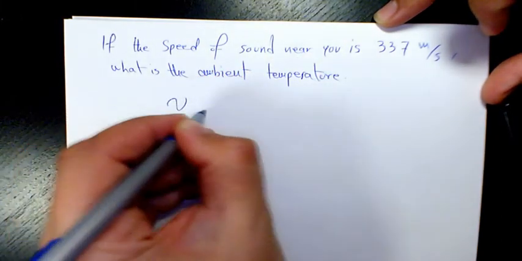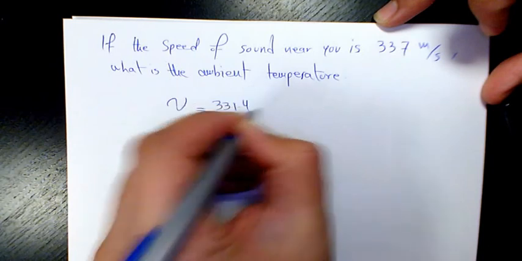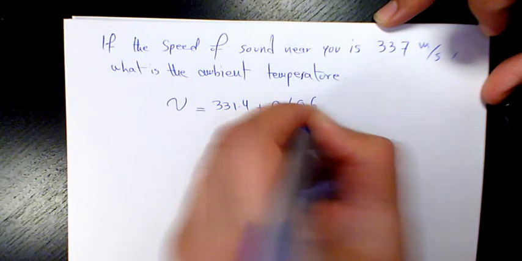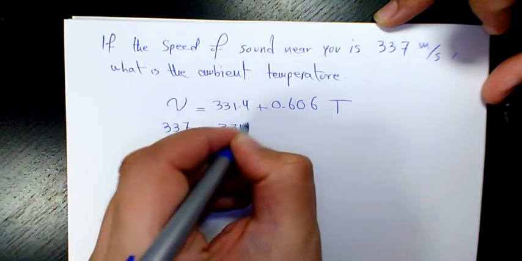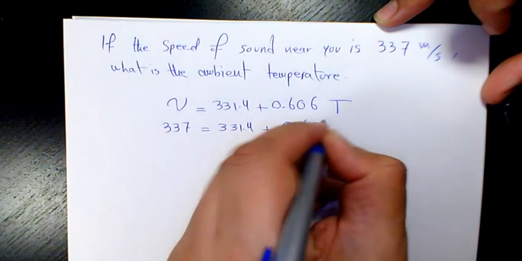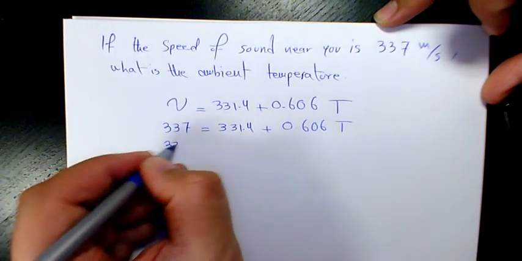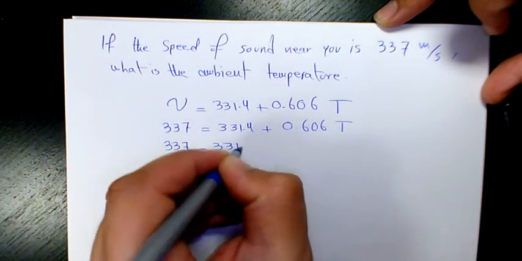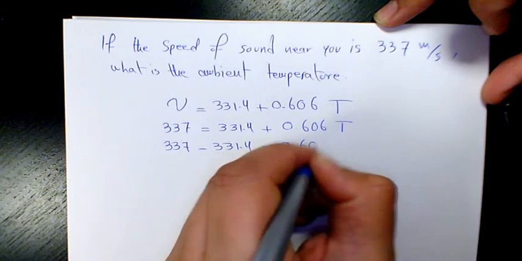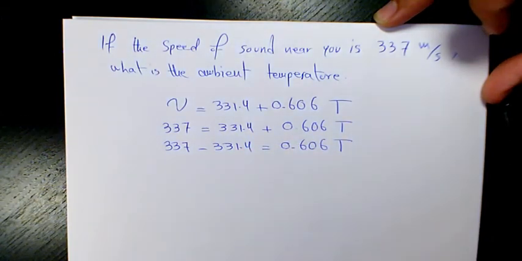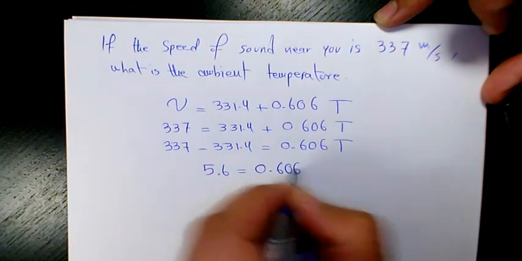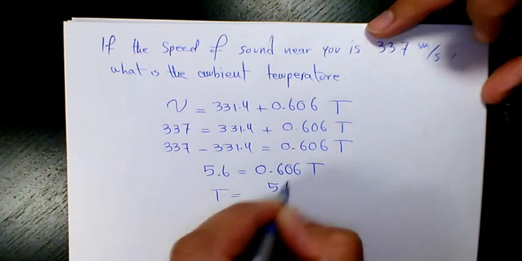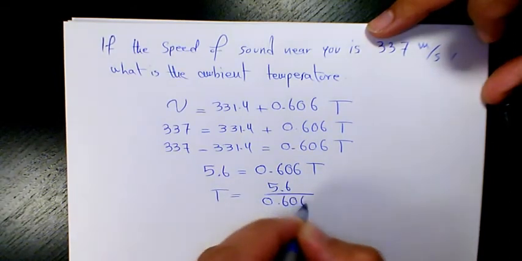So formula V equals 331.4 plus 0.606 T. So you have 337 equals 331.4 plus 0.606 times T. If we move it to the other side, 337 minus 331.4 equals 0.606 T. So 337 minus 331.4 is going to be 5.6 equals 0.606 T. So T is 5.6 divided by 0.606.